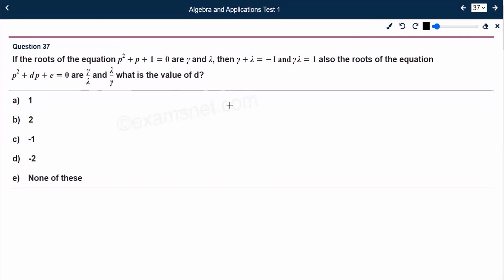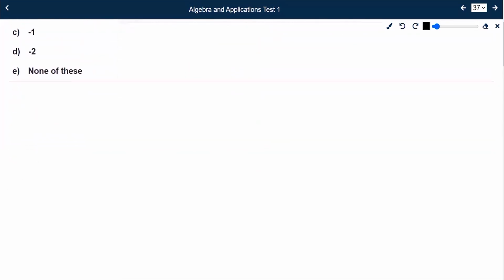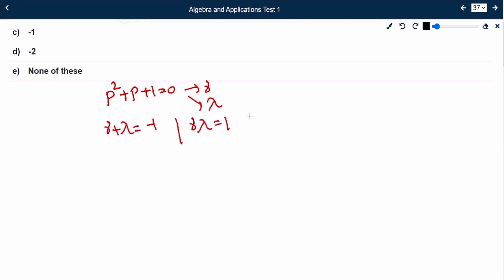What is the value of D? Here it is mentioned that for the equation p square plus p plus 1 equals 0, the two roots are delta and lambda. So from the relationship between the roots and the coefficients, we can write the sum is equal to minus 1 and the product is equal to 1, correct?